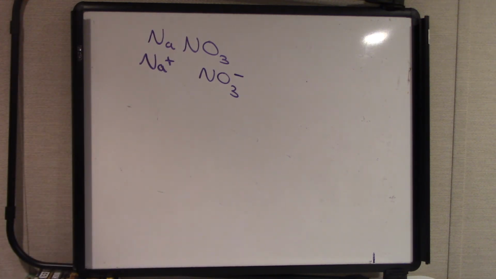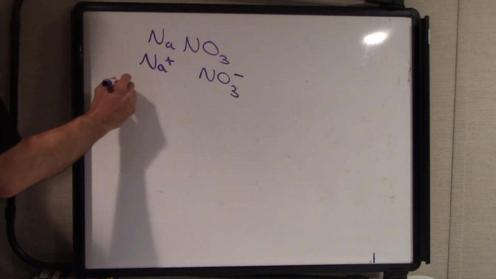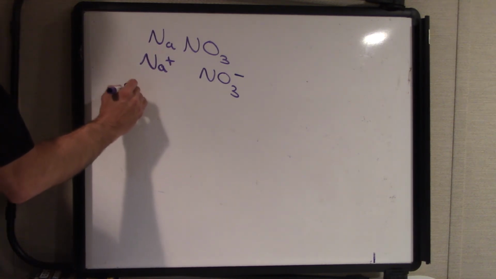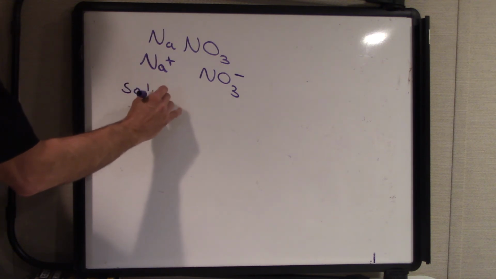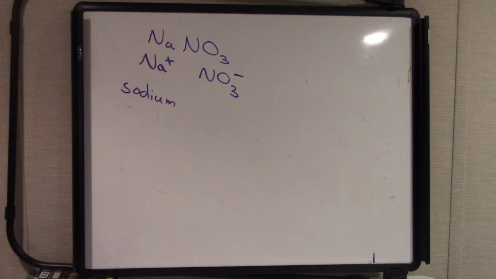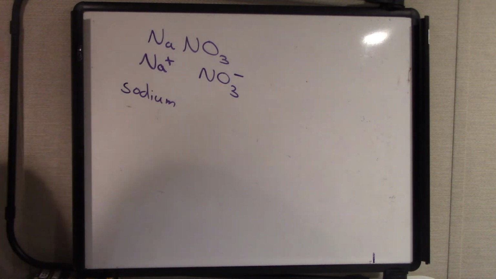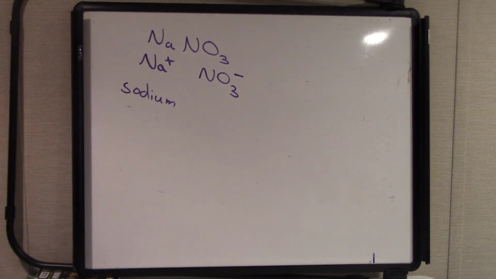Then, when you name this, it's kind of the same thing that you've been doing before. Name that positive ion: sodium. Next up is naming the negative ion. Well, that rule of keep the element name and replace the ending with ide worked fine for those monoatomic ions.